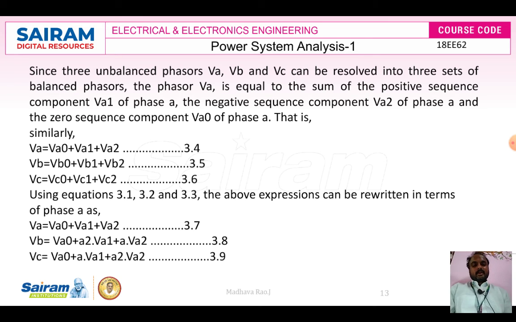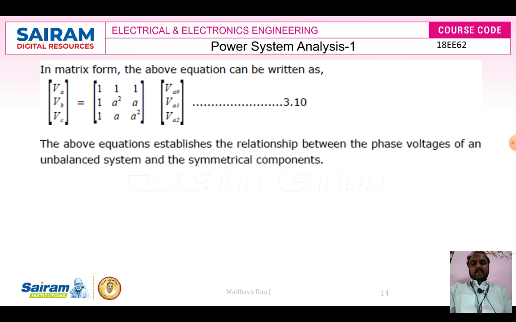We will write VA, VB, VC in matrix form: VA, VB, VC is equal to a 3 by 3 matrix times VA0, VA1, VA2. So easily you can remember phase voltages in terms of symmetrical components.